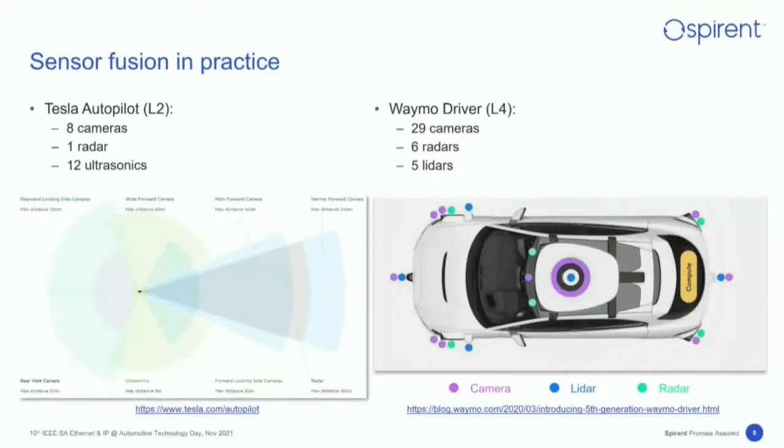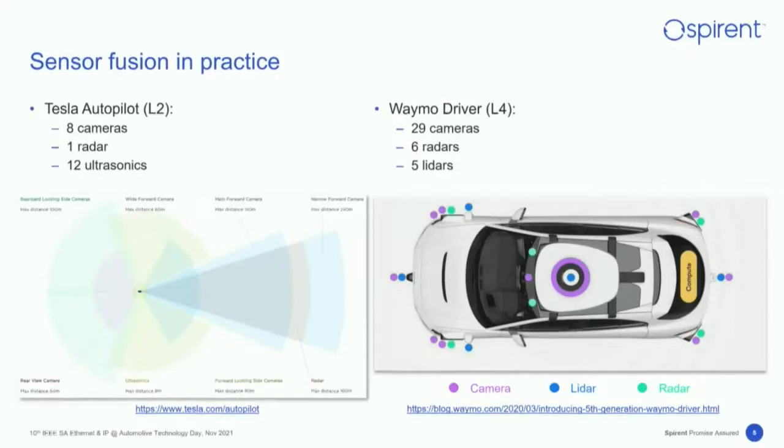Some examples of sensor fusion in practice. We have, for example, Tesla Autopilot, which is level 2. It has some 8 cameras and 1 radar. We know that in some regions, they drop the radar. Then for level 4, we have the Waymo driver, which uses a lot more sensors: 29 cameras, 6 radars, and 5 lidars.